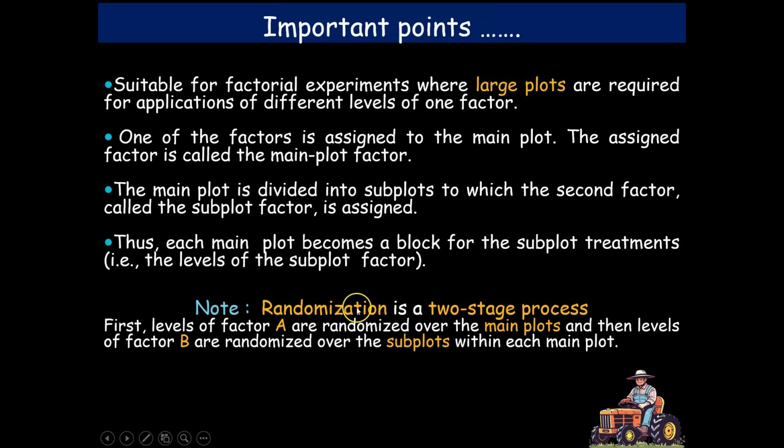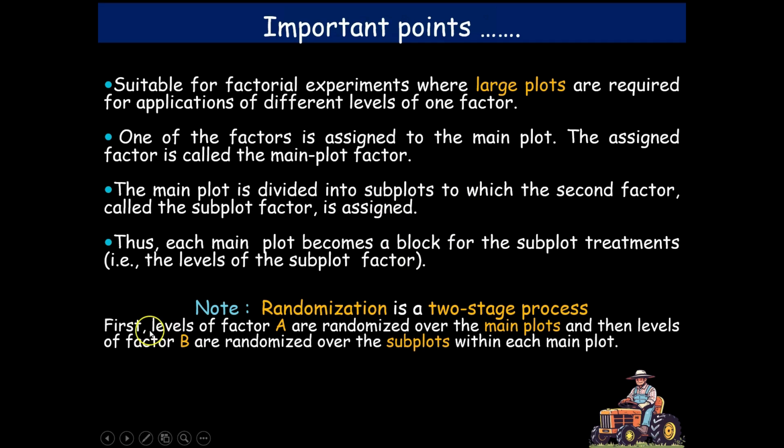The important thing in this design is that the randomization is done in two stages. In a conventional factorial experiment, the randomization of both factors is done in a single stage, but in this case it is a two-stage randomization process. That means we randomly allocate main plots first, then within those larger plots we evaluate the subplots depending upon the number of levels involved in both.